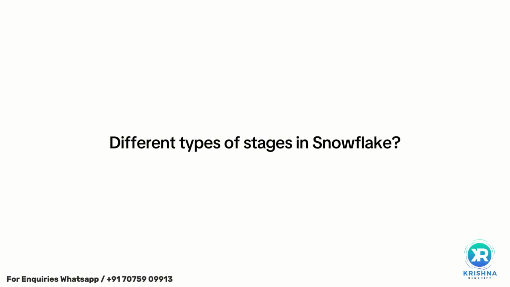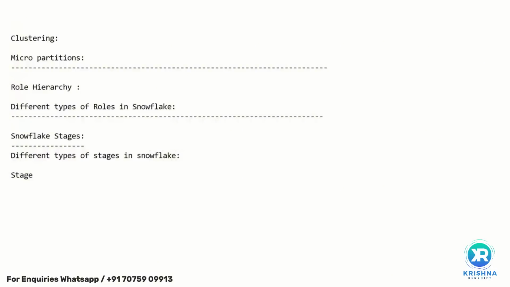So today's class will be what are the different types of stages in Snowflake. So the terms we see is, what is the stage, what are different types of stages.